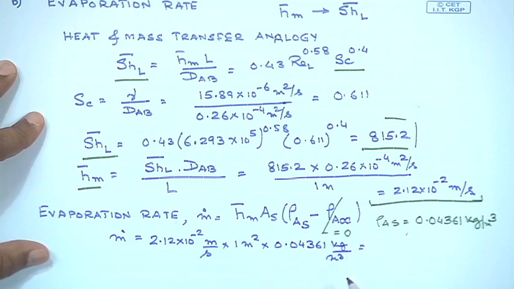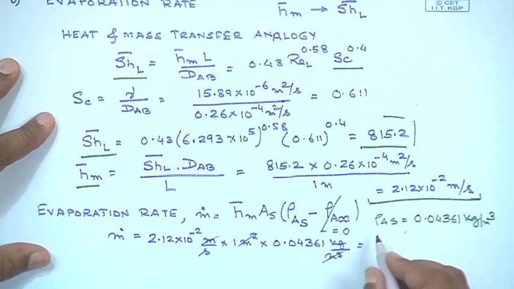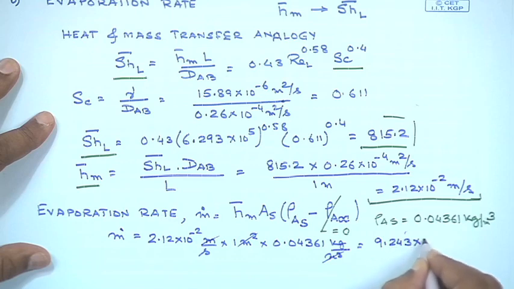So, the meter cubes will cancel, and you simply have the multiplication, which is going to be 9.243 into 10 to the power minus 4, and the unit, as you can see, would be kg per second.